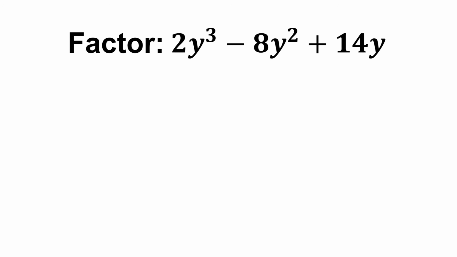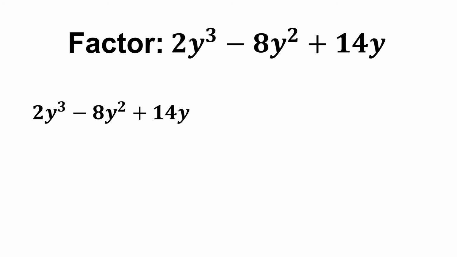Here is another example. Can you identify the common monomial factor in the trinomial 2y cubed minus 8y squared plus 14y? If you say that the common monomial factor is 2, then you are correct. If you say that the common monomial factor is y, you are also correct.